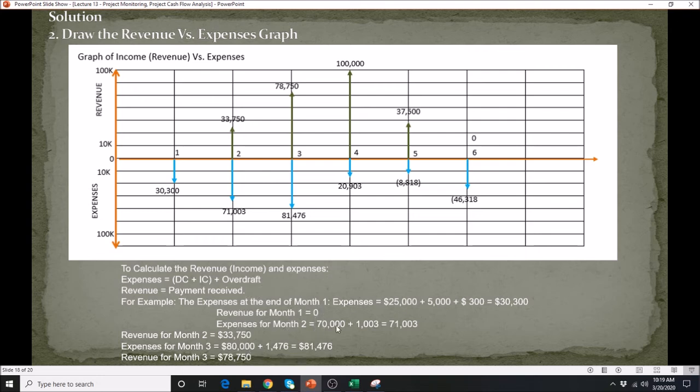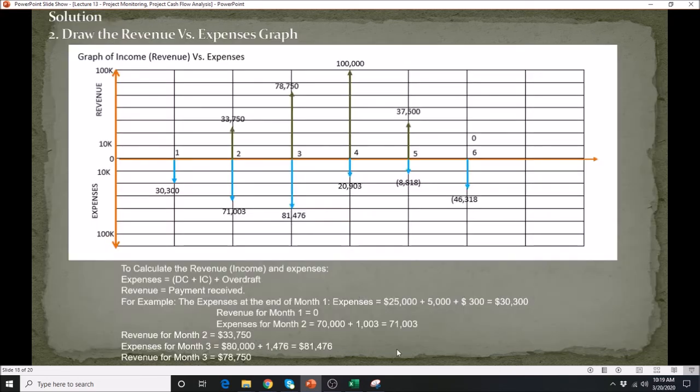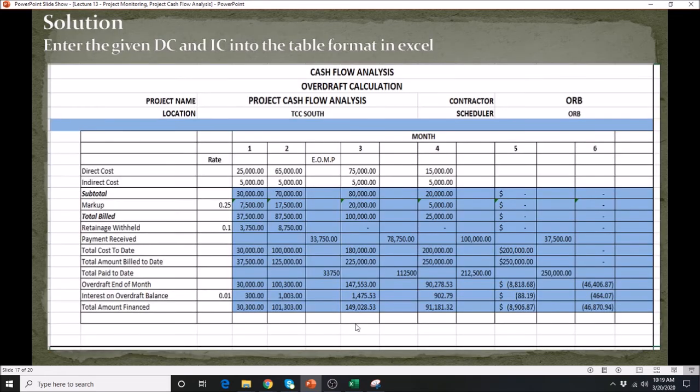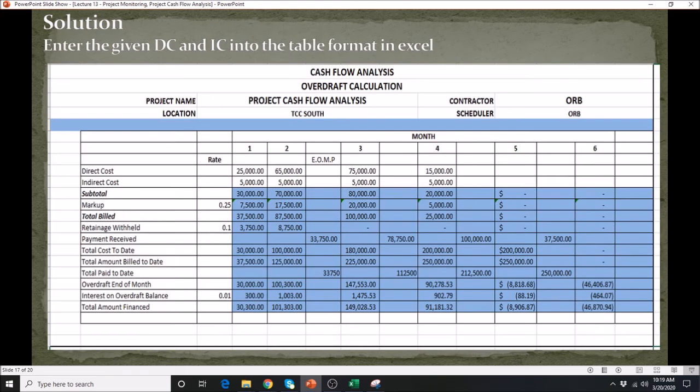For the second month, direct cost plus indirect cost plus your interest: this 70 is coming from your 65 plus 5,000, which gives you 70,000 plus the interest rate. Here at the bottom, 1,003, that's where you're getting that 71,003.